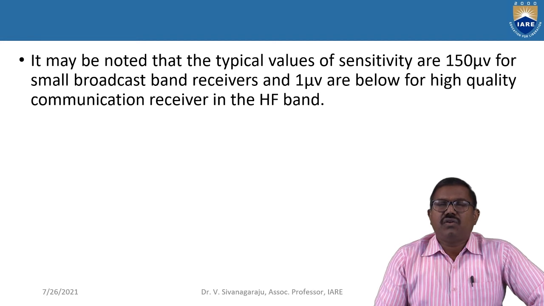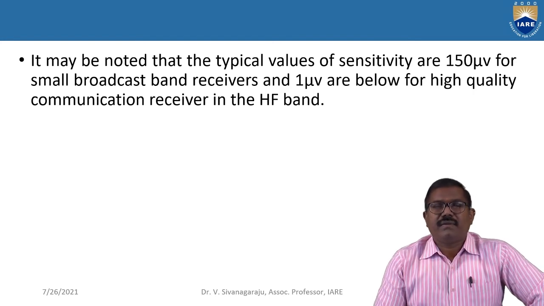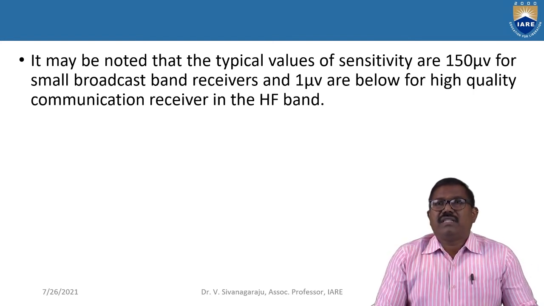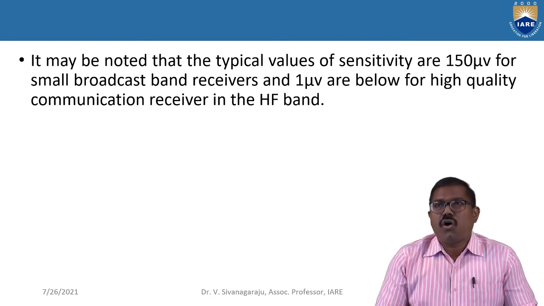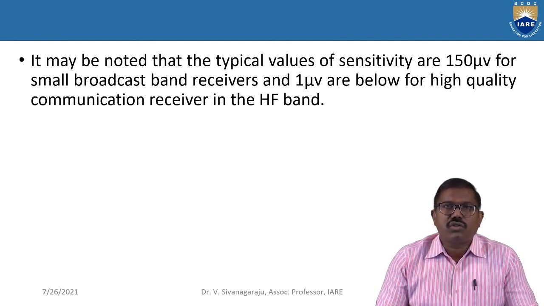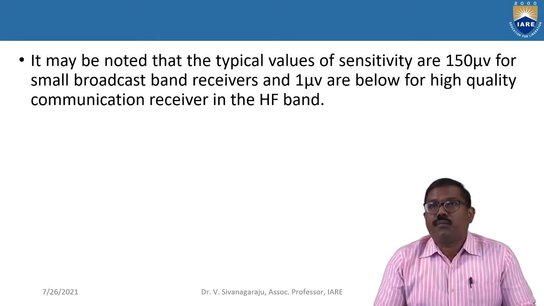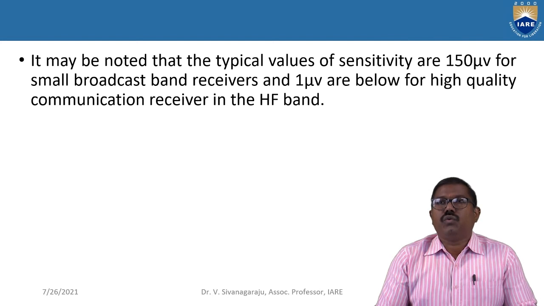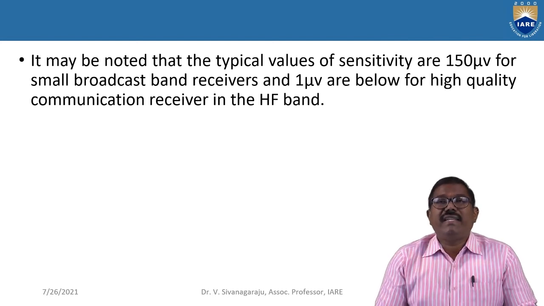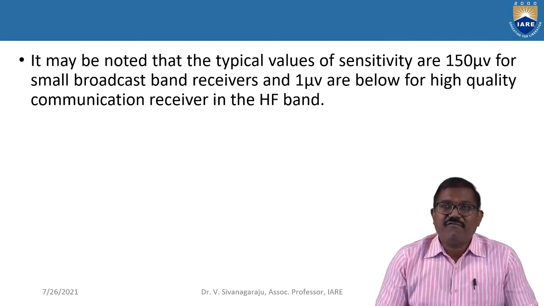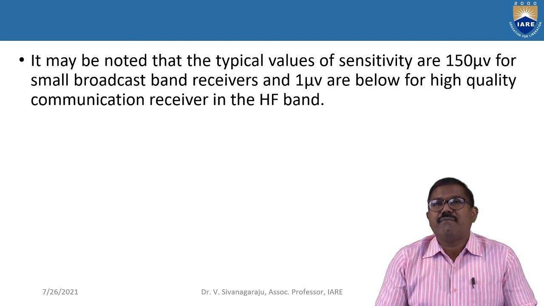In practice, what are the sensitivity values given here? The typical values of sensitivity are 150 microvolts for small broadcast band receivers, and 1 microvolt or below for high quality communication receivers in the HF, high frequency band.